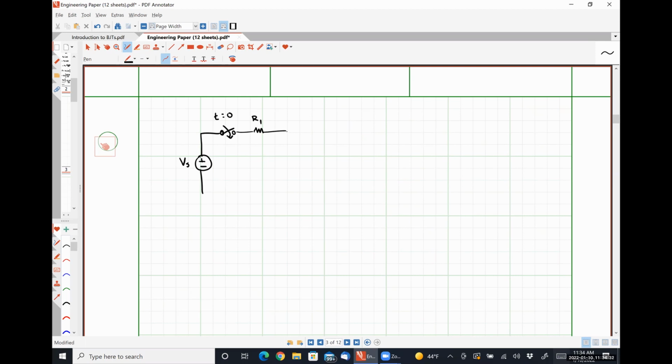We have some resistor R1 and inductor L1. So I'm going to call this voltage V1 of t. Then R2.